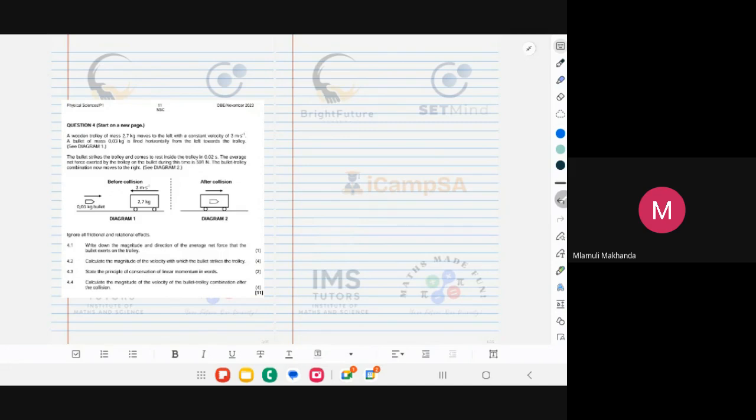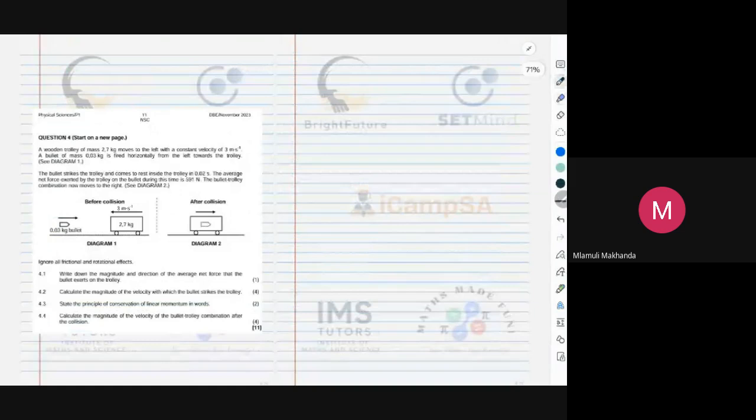So here we have a wooden trolley of mass 2.7 kg that moves to the left at a constant velocity. This is the mass. So let me start marking my important stuff.